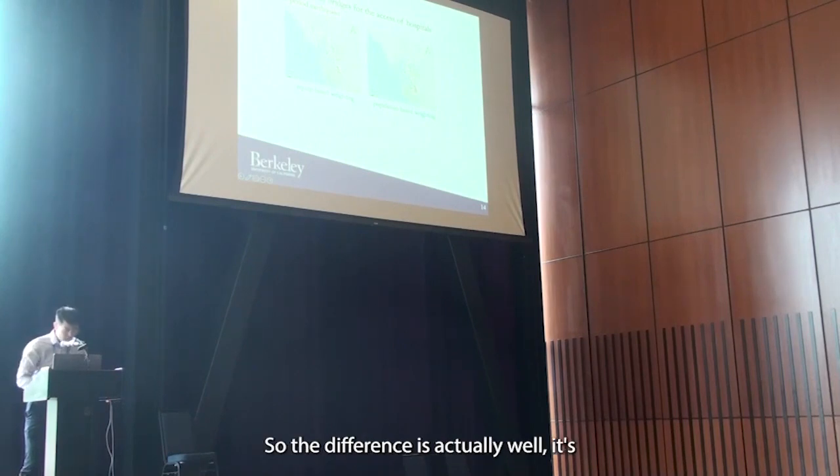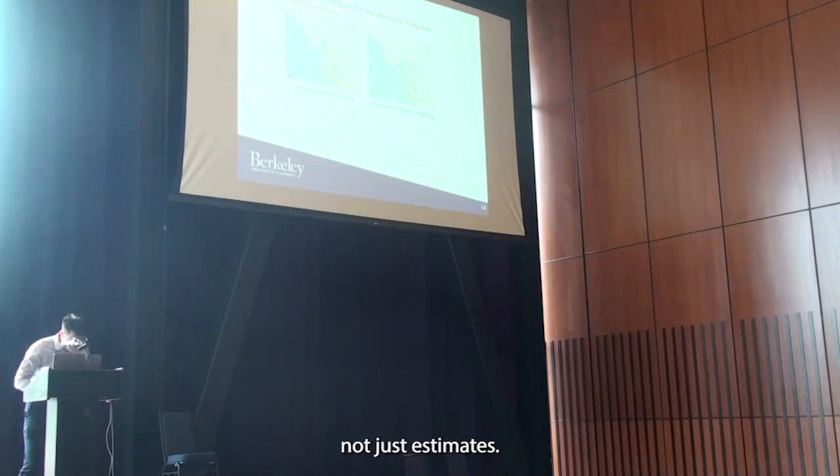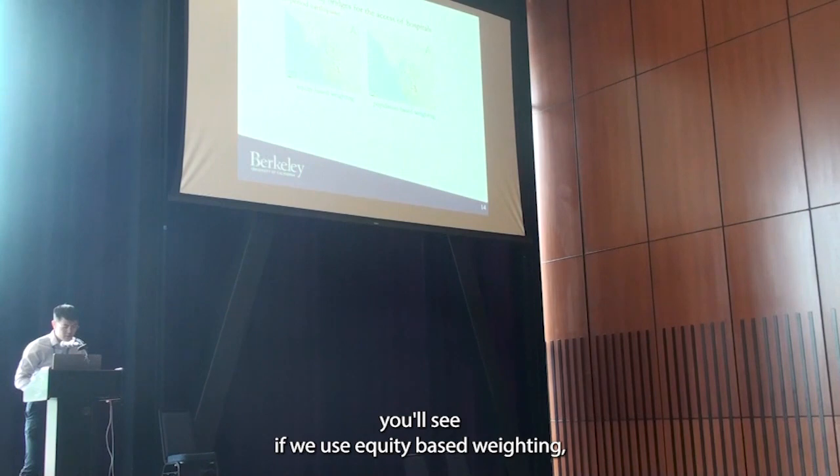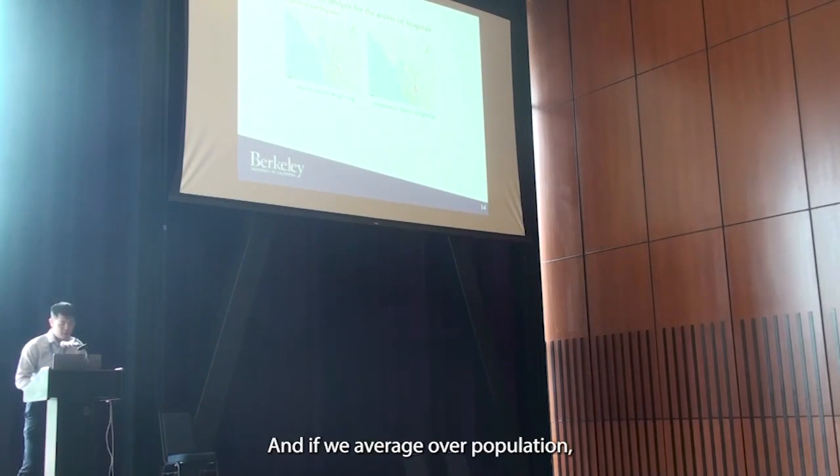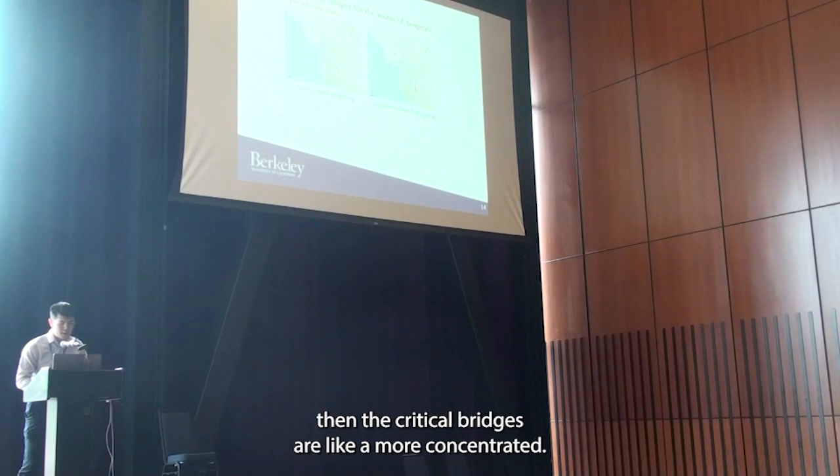The difference actually lies here. If we use equity-based weighting, we still have some critical bridges in this area. And if we average over population, then the critical bridges are more concentrated.